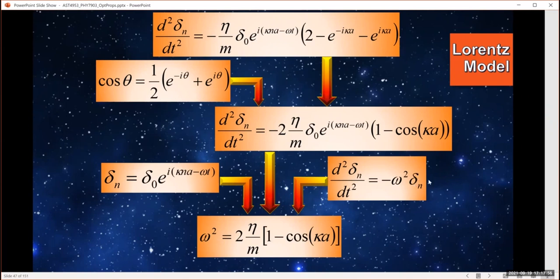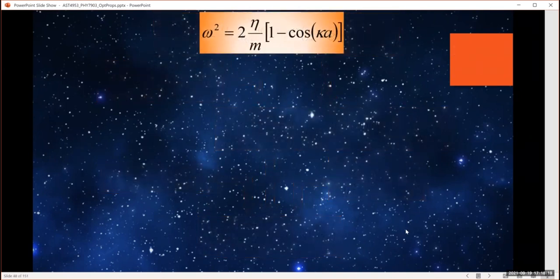And then I've taken that delta n and put it over here so that I've rearranged things to get an equation for the frequency. So what I've got here now is that for a given atom, I have an equation for the frequency of its response to an electric field based on this spring recoil action.